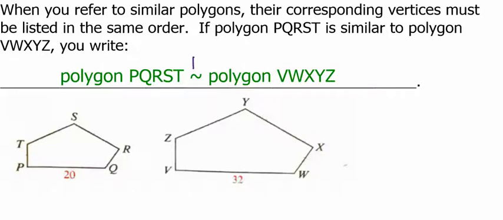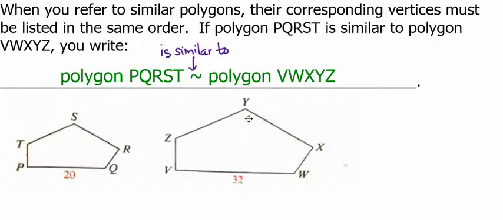This little symbol here means is similar to. Very much like the congruent symbol without the equal sign, because not everything is congruent in the two similar figures, just the angles, the corresponding angles are congruent.